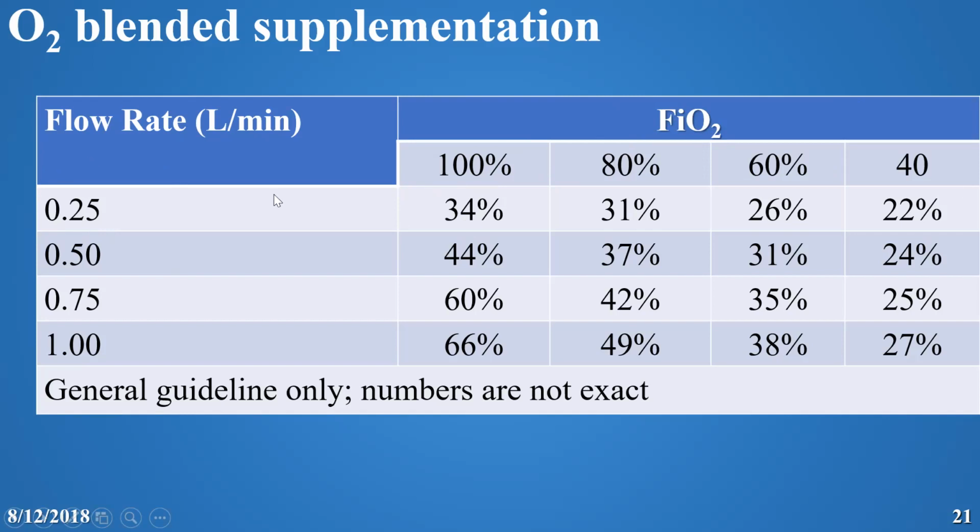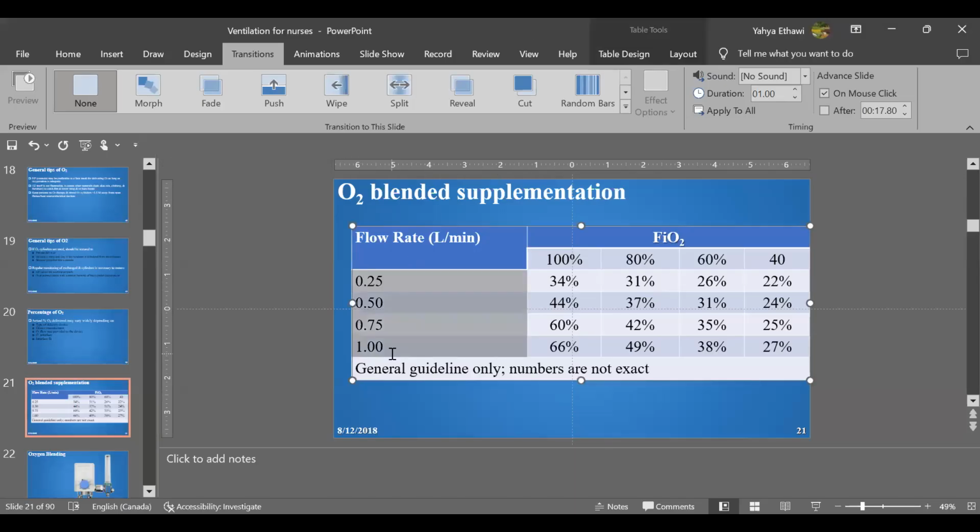If we give 0.25 and 40%, so this is the set, this is independent, and this is the dependent, this is the measured. This is what we set here, the flow set and the FiO2 set, and in between, let me make it clearer so you can understand.